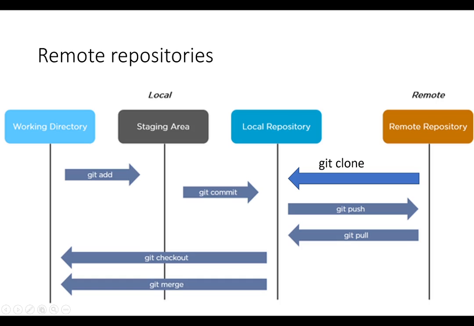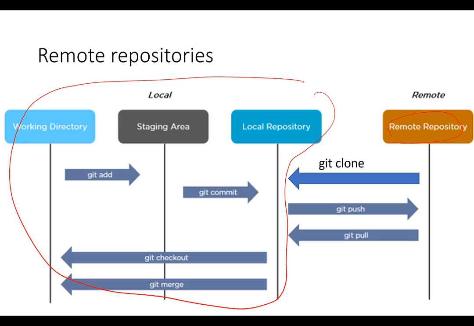This is a figure of how we work with the GitHub remote repository. This is the local machine workflow. In local, we directly make some changes, use git add to add changes to the stage, and then use git commit to commit the change to the local repository.